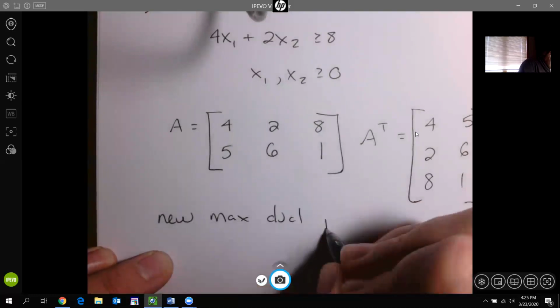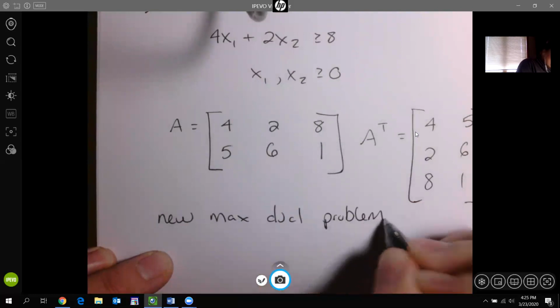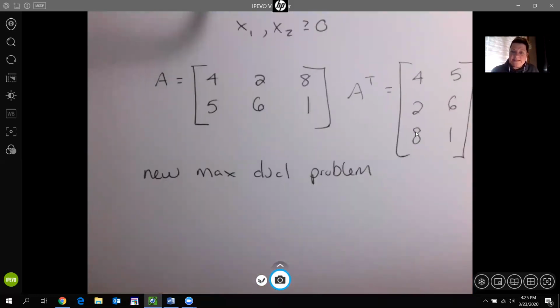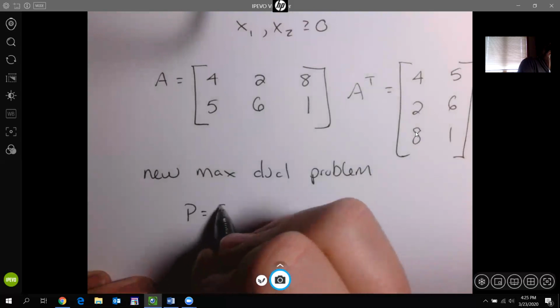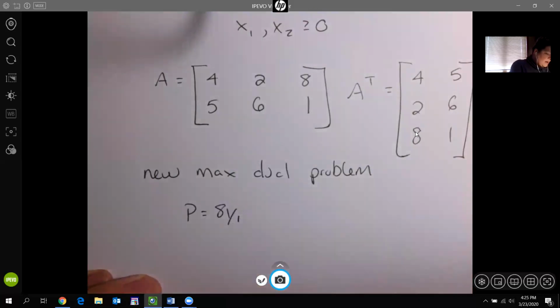So our new maximum dual problem, we like to use y's now in this one instead of x's. Okay, and our slack variables will be our x's. So we'll have our p equals 8y1. Okay, 1p equals 8y1.